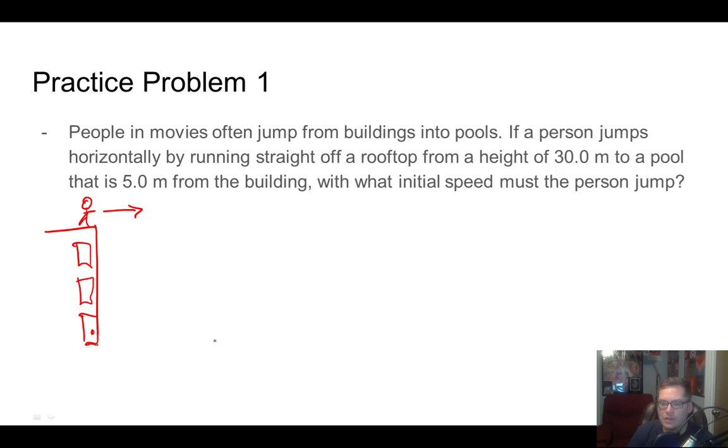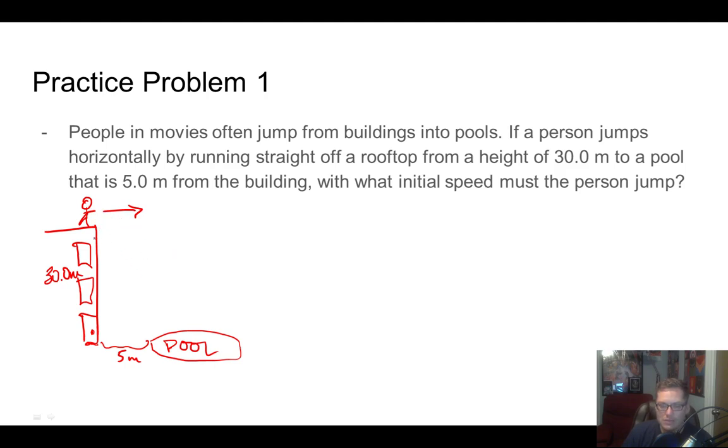So anyway, we're going to jump into a pool. The building is at a height of 30.0 meters, and 5 meters away is a pool. We need to make sure that we're running fast enough that we don't hit the ground.